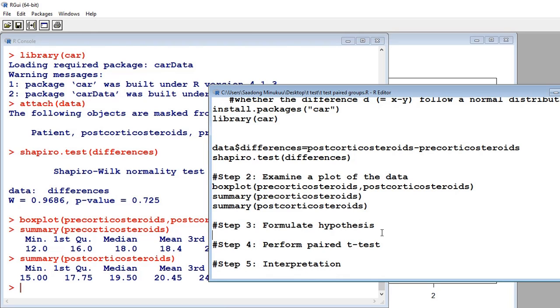So our null hypothesis H0 is that the mean population body mass index of the pre-corticosteroid group will be equal to the mean body mass index of the post-corticosteroid group. I'm just abbreviating everything.